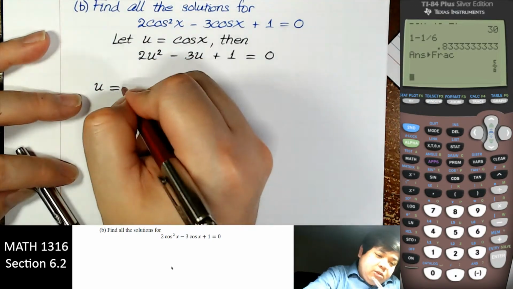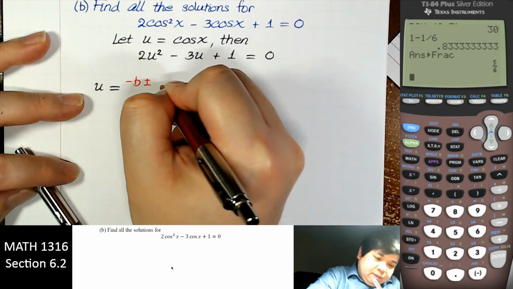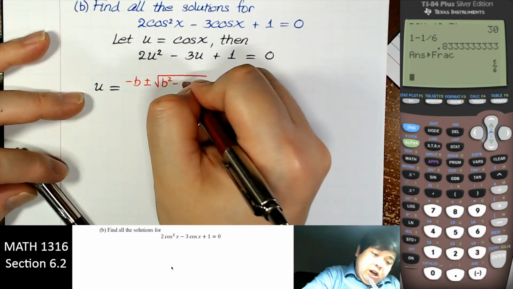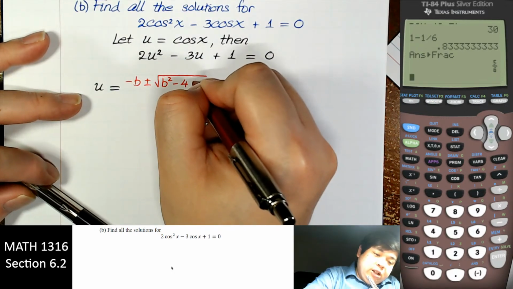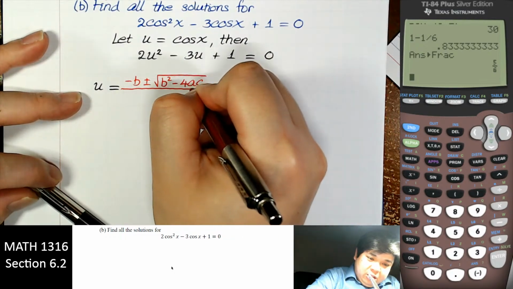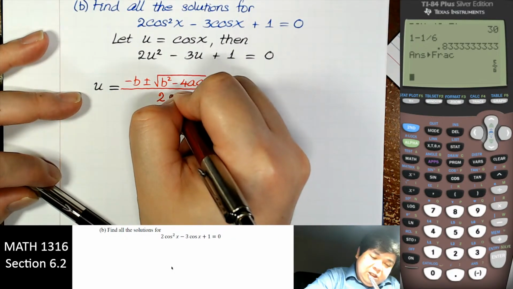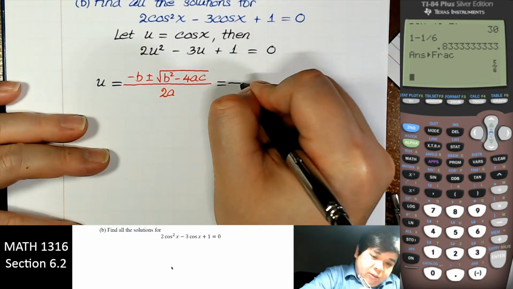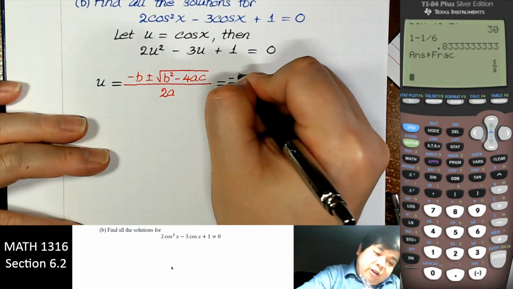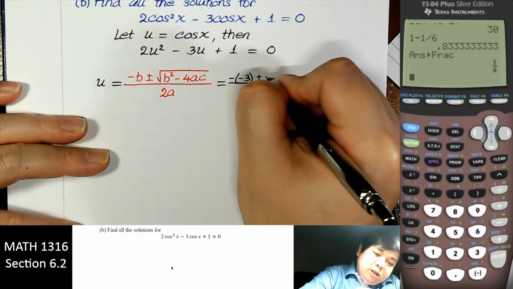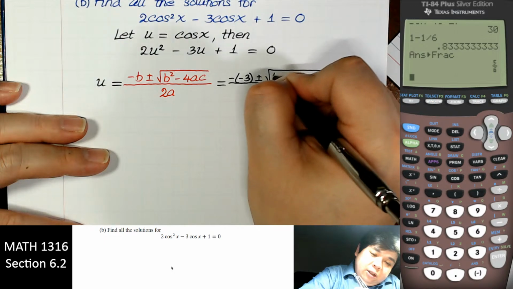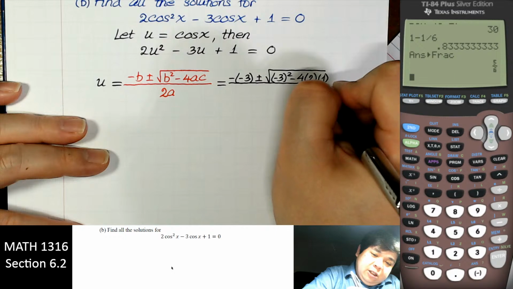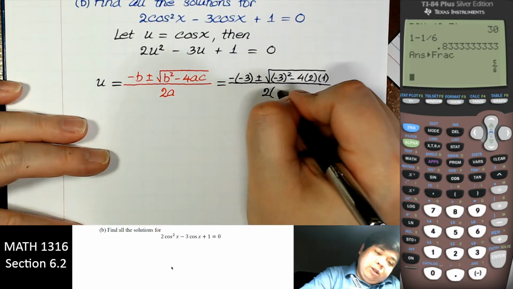Of course we can factor also, but sometimes this might end up with irrational solutions. So it's better to just use the quadratic formula. So negative 3 plus or minus the square root of negative 3 squared minus 4ac over 2a.